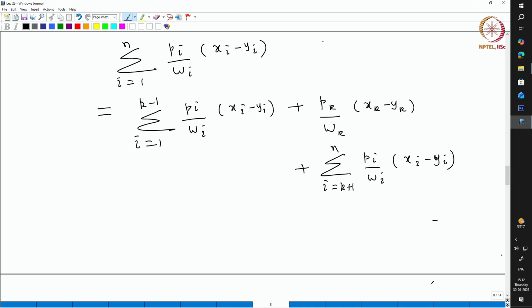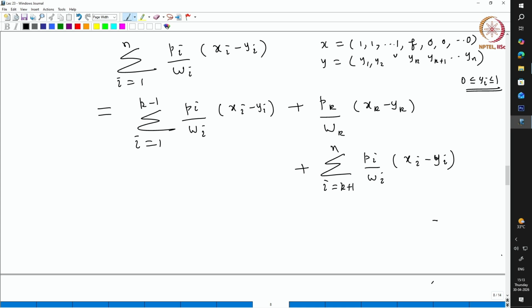If you look into x, what is the form of x? X is 1, 1, up to k minus 1, then you have 0 after this. Y is y1, y2, yk, yk plus 1, yn, and 0 is less than or equal to yi less than or equal to 1.